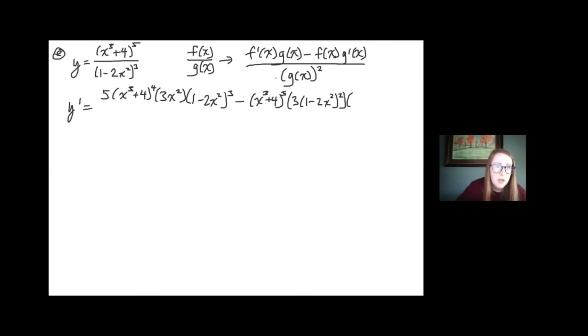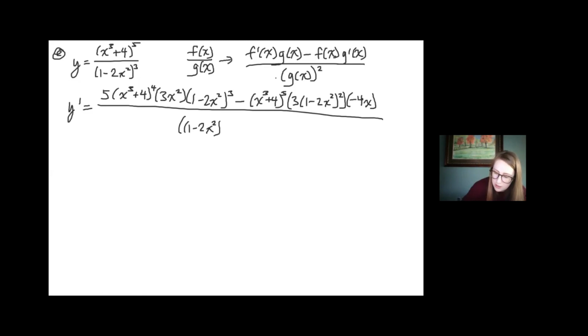The derivative of 1 is 0, and then the derivative of negative 2x squared would be negative 4x. Okay, all of that over the original denominator, 1 minus 2x squared cubed, squared.